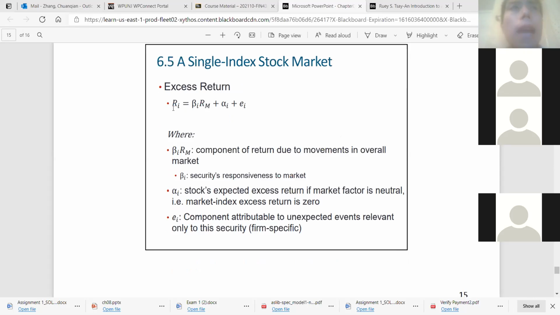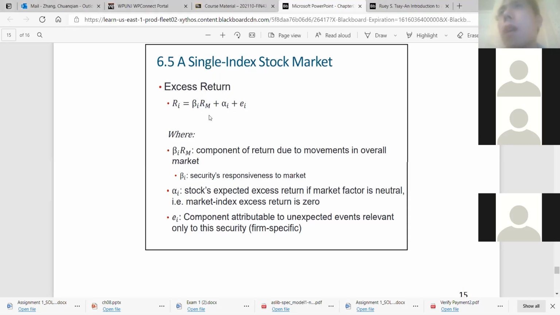So if I want to look into a specific company's stock returns, I want to build a model to predict those returns. Then it will be a function of market returns plus some constant plus the error. That is the so-called single index stock market model.